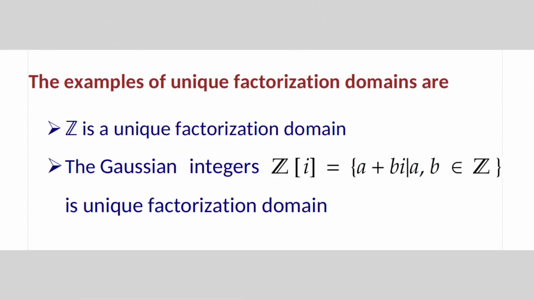The examples of unique factorization domains are: Z is a unique factorization domain. The Gaussian integers Z[i] = {a + bi such that a, b belong to Z} is a unique factorization domain.